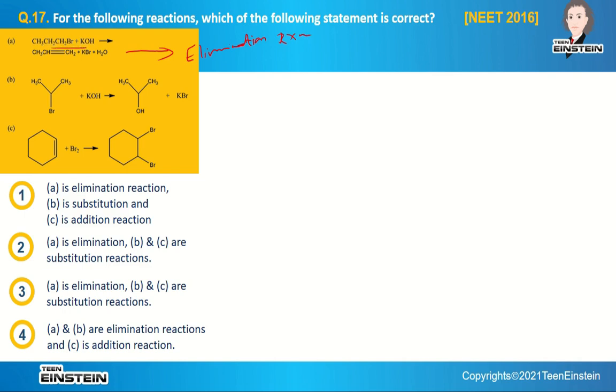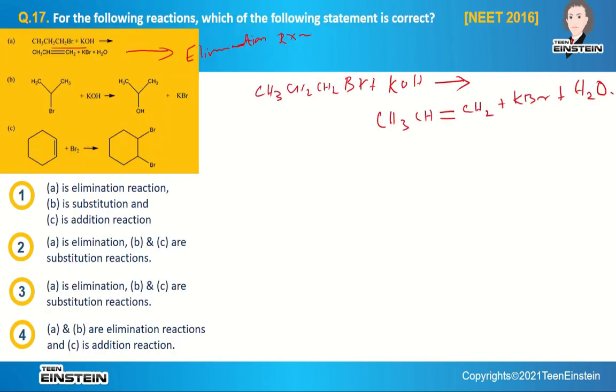In the first reaction, CH3CH2CH2Br plus potassium hydroxide, removal of potassium bromide takes place and forms CH3CH=CH2 plus potassium bromide and water molecule. So it comes under elimination reaction. So the first reaction is an elimination reaction.